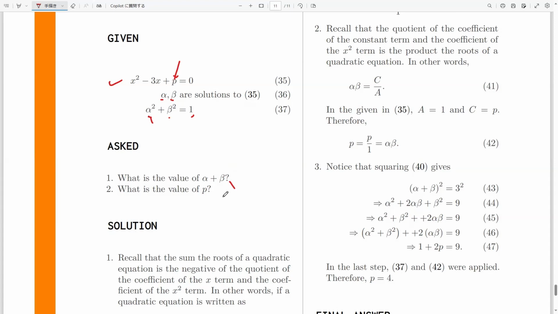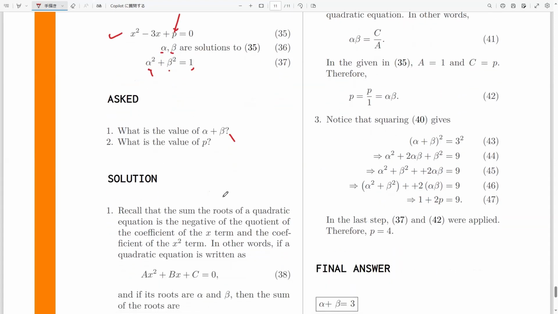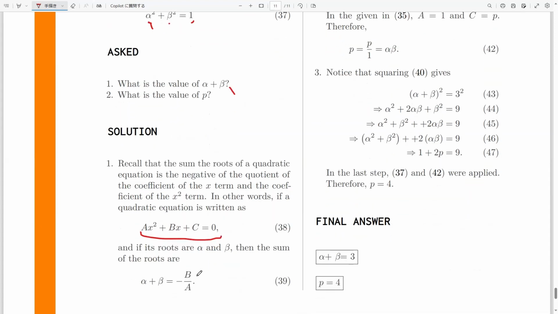And this is quite straightforward because we know that if you have this quadratic equation, ax squared plus bx plus c equals 0, then the sum of the roots of this quadratic equation, the sum of the solutions, can be obtained by just dividing the second term's coefficient, that's b, by the coefficient of the x squared term, which is a, and then you put a negative sign in there.